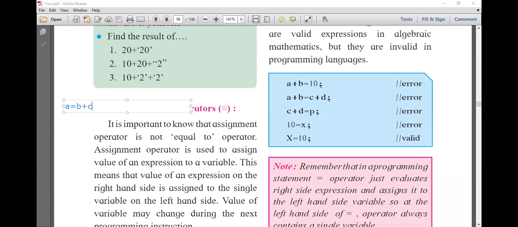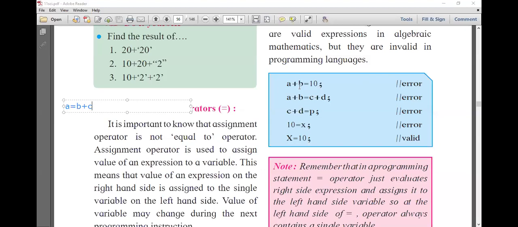Always one variable comes at the left hand side of the equal to, and the numbers and variables with operators always come at the right hand side. So a is equal to b plus c is the valid syntax.